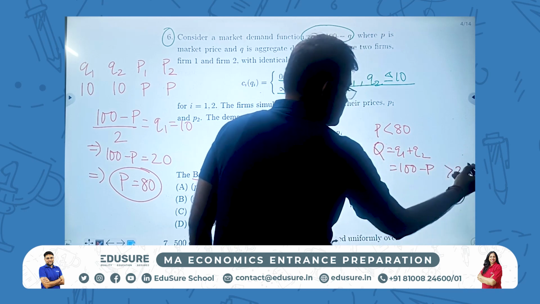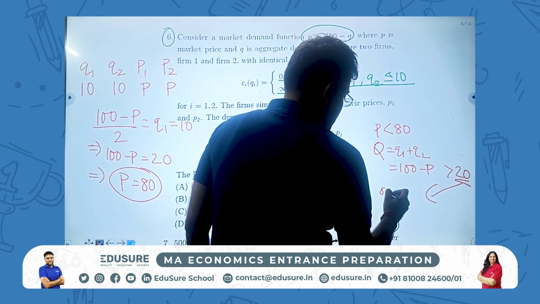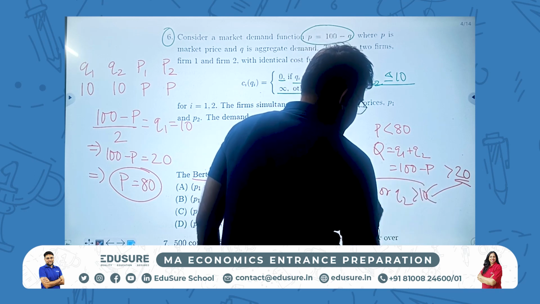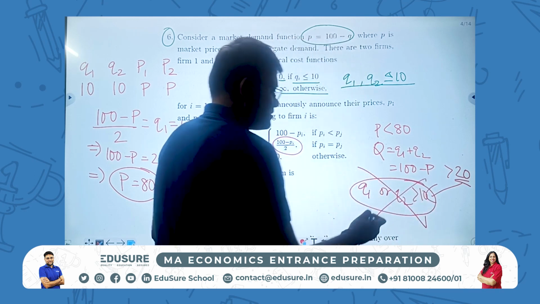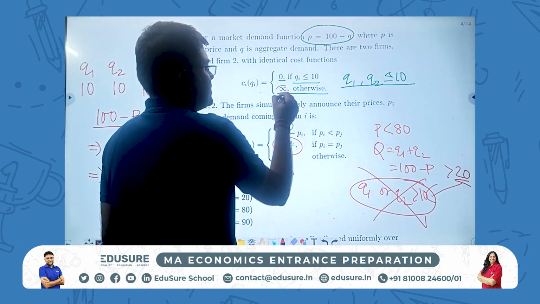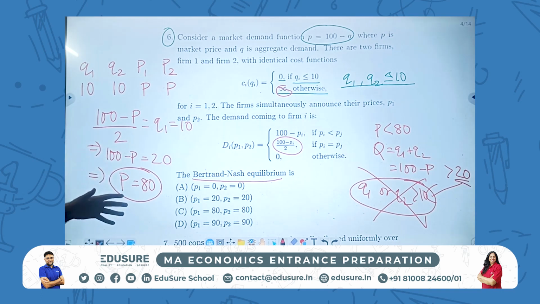And as soon as it goes beyond 20, this will basically mean either Q1 or Q2, one of the two will be greater than 10. Now, this is not possible because as soon as the quantity is greater than 10, the cost goes to infinity, which is not possible, right? So the undercutting will stop at 80.